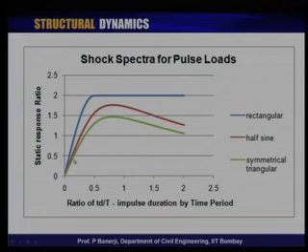So, that is why, if you have a very large duration, I mean Td by t greater than 1, this has the highest value. Half sine goes up, you see, the sine goes up faster than the triangle. So, that is why this is larger. Triangle goes up the slowest, so it is the lowest.